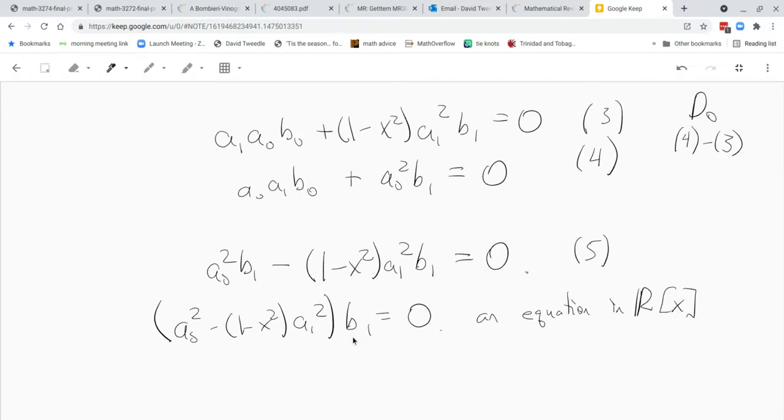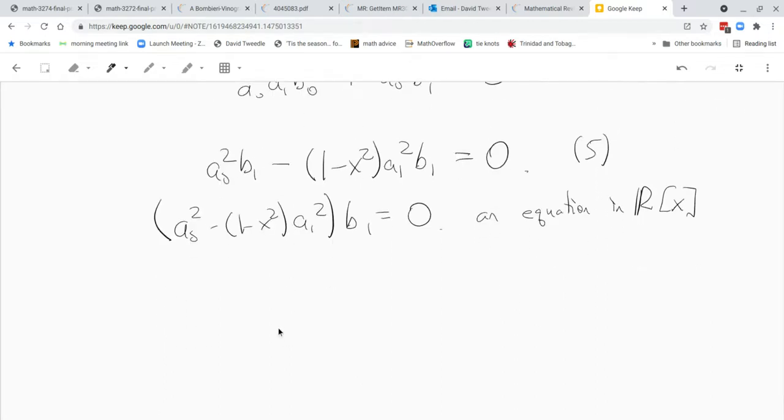So either B1 equals 0 or this expression equals 0. Let's do both cases. Let's start with the easier one, that B1 equals 0. So what happens if B1 equals 0?